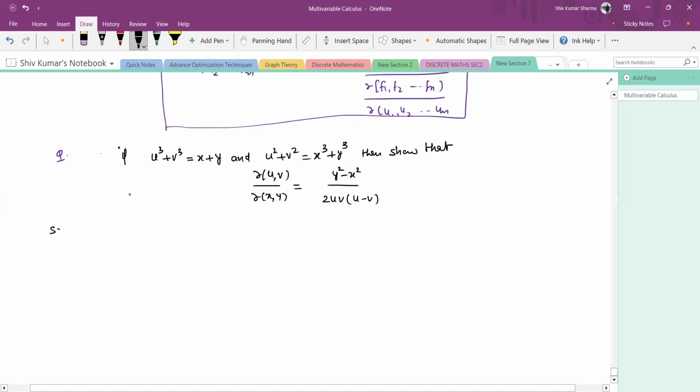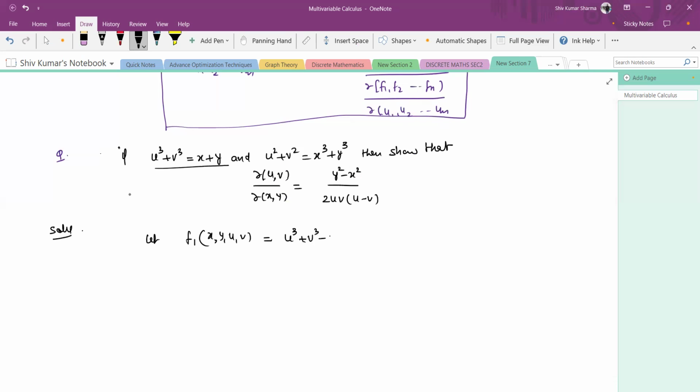So when we do the solution, let the function f1 of all four variables, that means x, y, u, v, be equal to the first function we make for the first relation: u cubed plus v cubed minus x minus y is equal to 0.